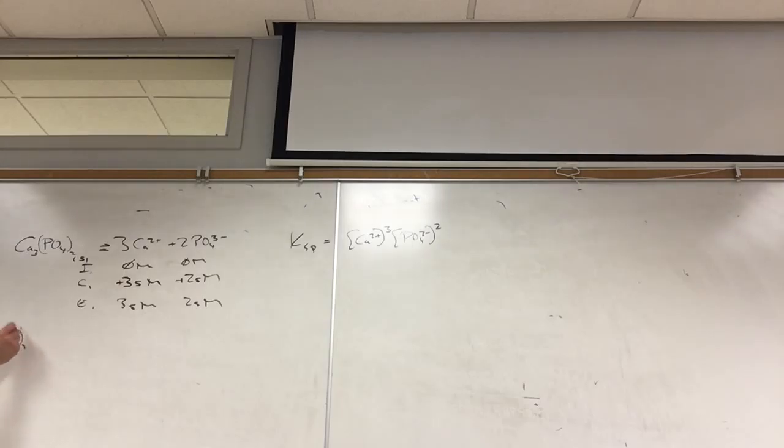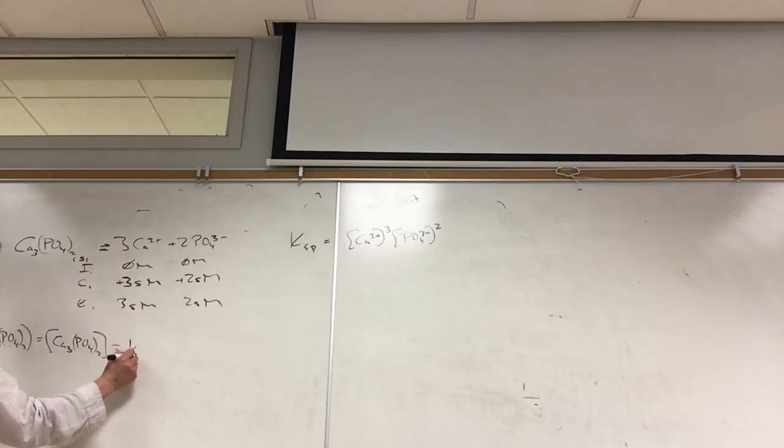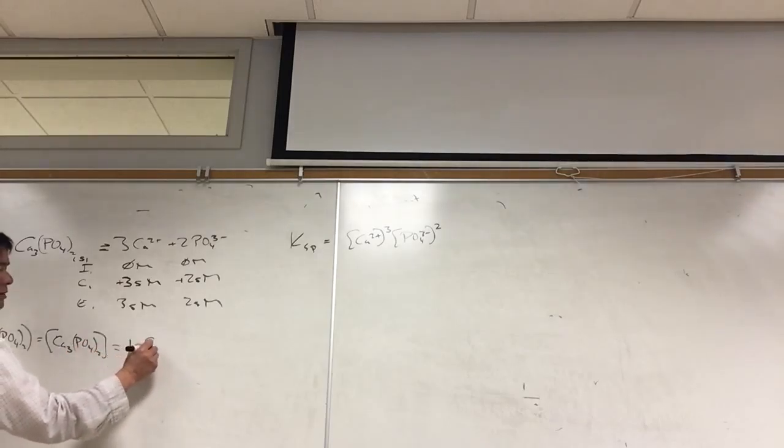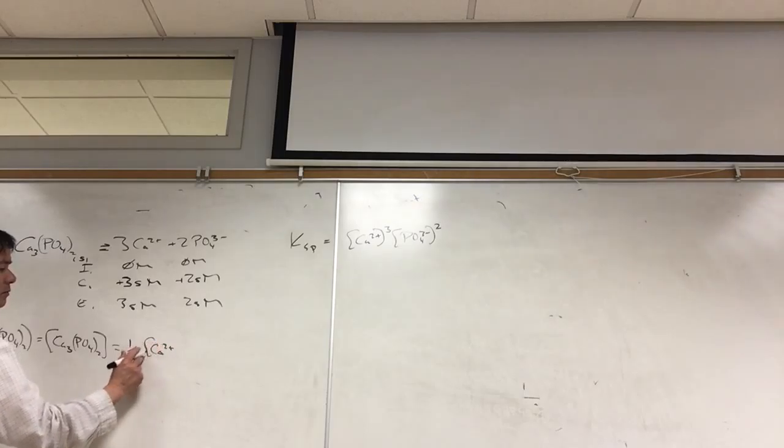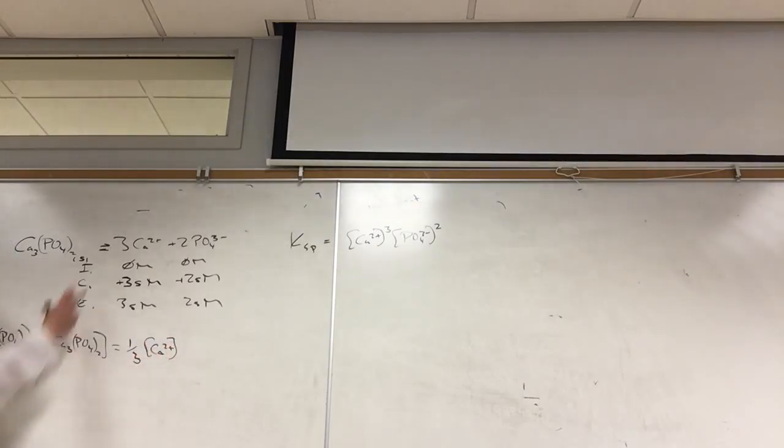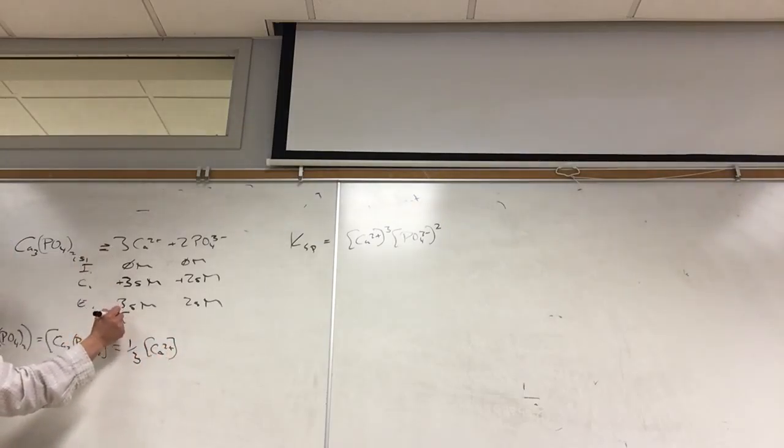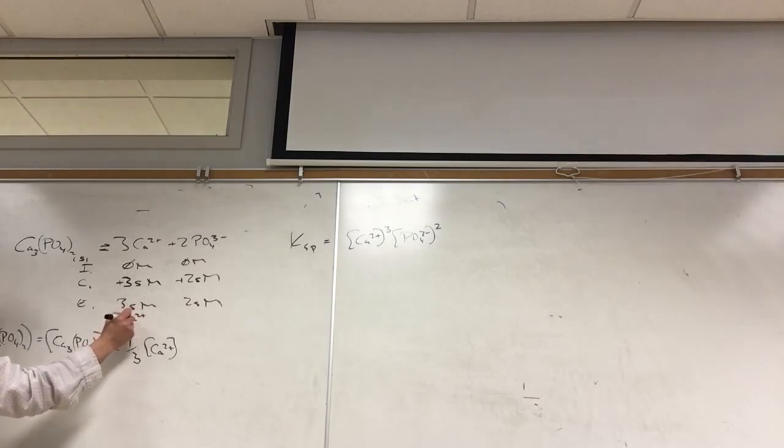And the solubility of calcium phosphate is equal to the molar concentration of calcium phosphate that it can get in solution. And the molar concentration, well, for every calcium phosphate I get 3 calciums. And so I'll have to take 1/3 of the calcium ion concentration. And so the calcium ion concentration in equilibrium is 3 times the solubility.